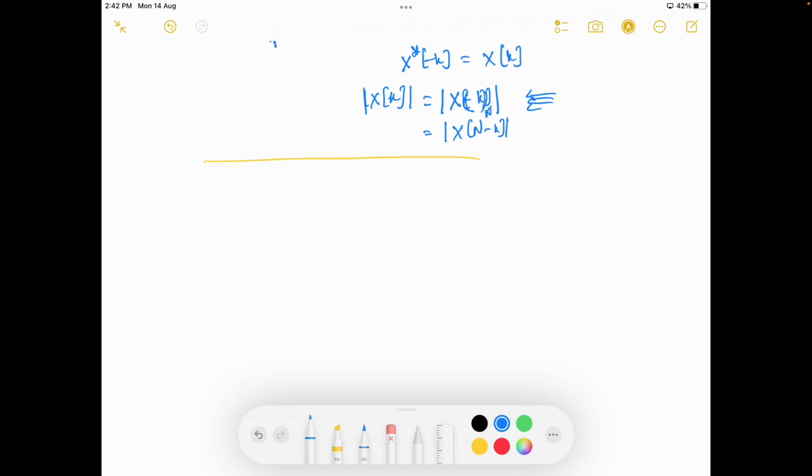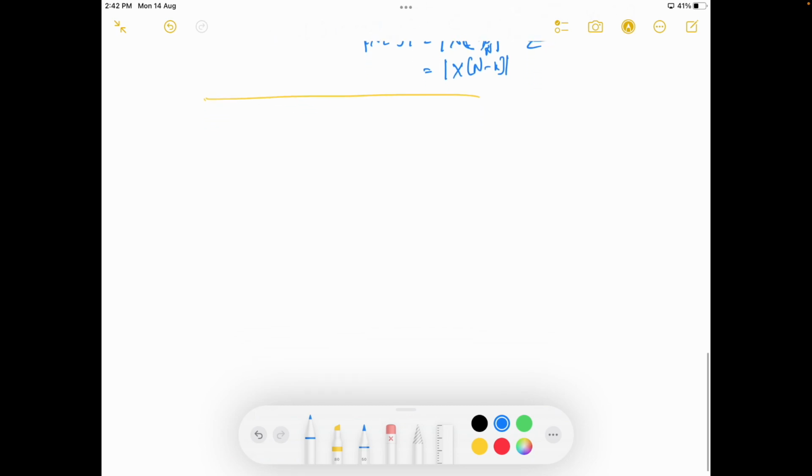When I pass it through the linear system, what happens to my output? My output is a convolution of my input with the system's impulse response, right? So let's discuss convolution also.